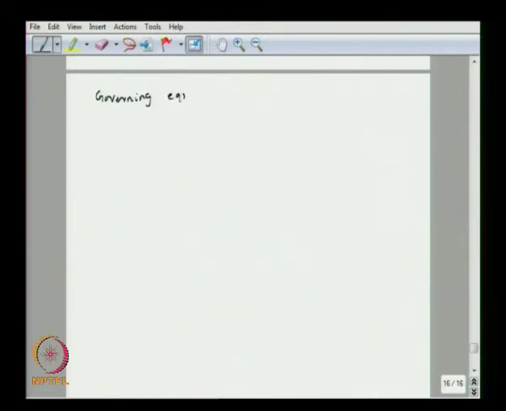Governing equations, namely mass. The mass conservation equation can be written as follows: ∂ρ/∂t + ∂/∂xi (ρ ui) = 0.